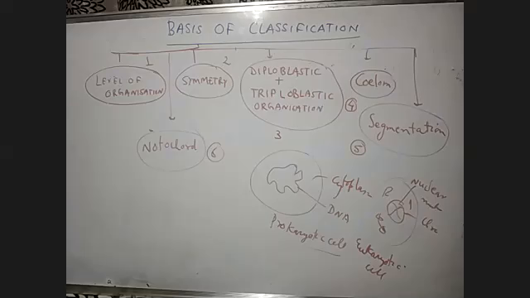Now my question to you students: suppose protozoa has this cellular organization. Protozoa is made up of a single cell, and it is a complete animal because it shows all the living characters like respiration, digestion, excretion, all kinds of metabolism.